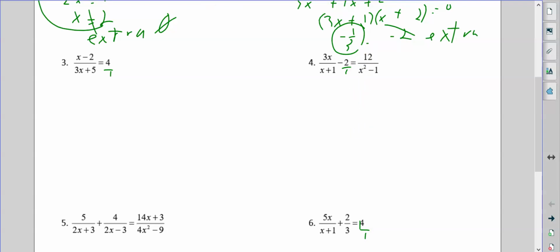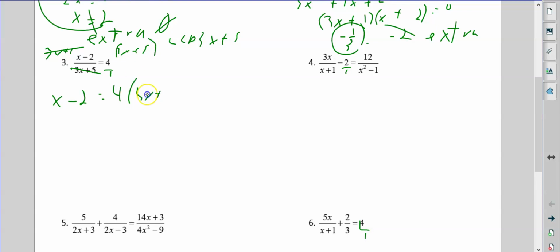All right, here the LCD is simply 3x plus 5. So I'm going to write 3x plus 5 here and 3x plus 5 here. That cancels, so I'm just left with x minus 2. And on this side I have 4 times 3x plus 5.